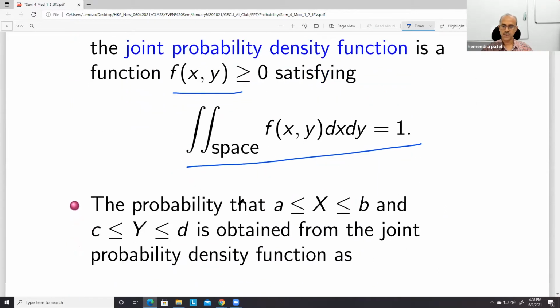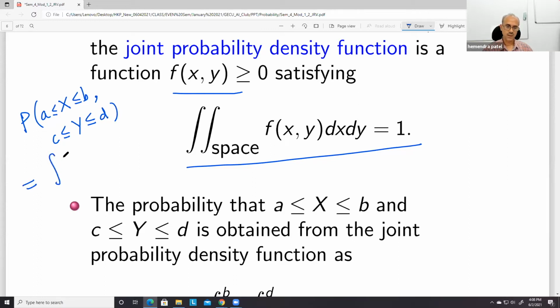And then in case of continuous random variables, the probability that x lies between a and b and y lies between c and d will be given by the double integral from a to b, c to d, f(x,y) dy dx.